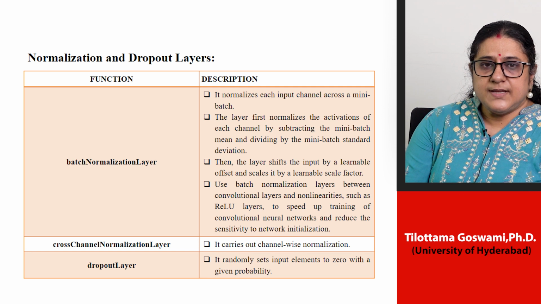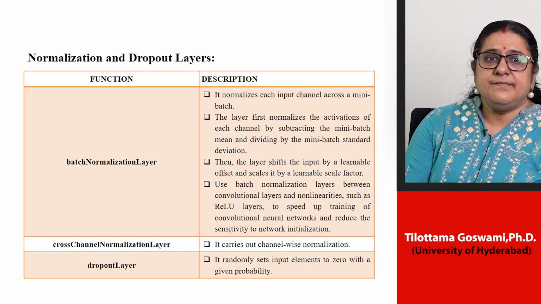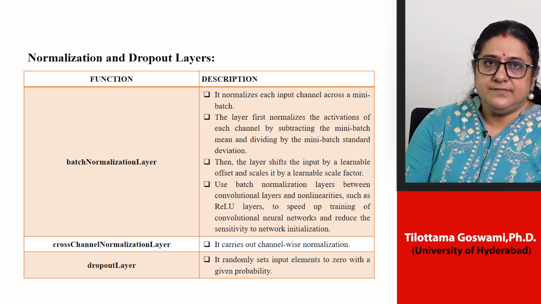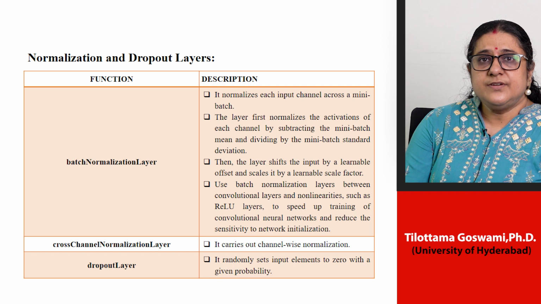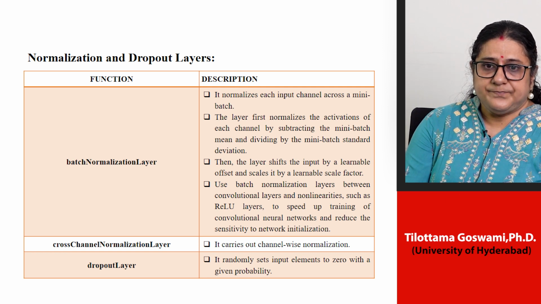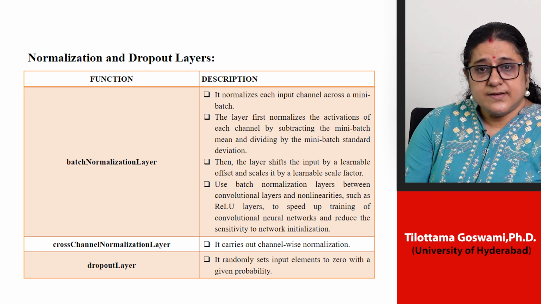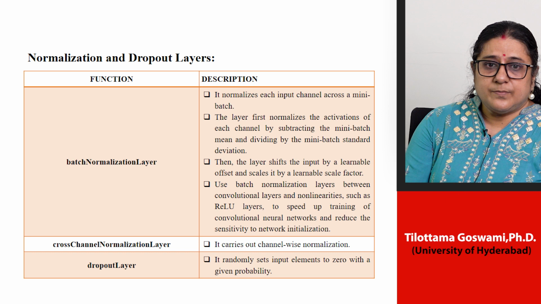It will normalize the activation of each channel by subtracting the mini batch mean and dividing by the standard deviation. This speeds up the training of convolutional neural networks and also reduces the sensitivity to network initialization. There is a cross-channel normalization layer, and there is also a dropout layer.